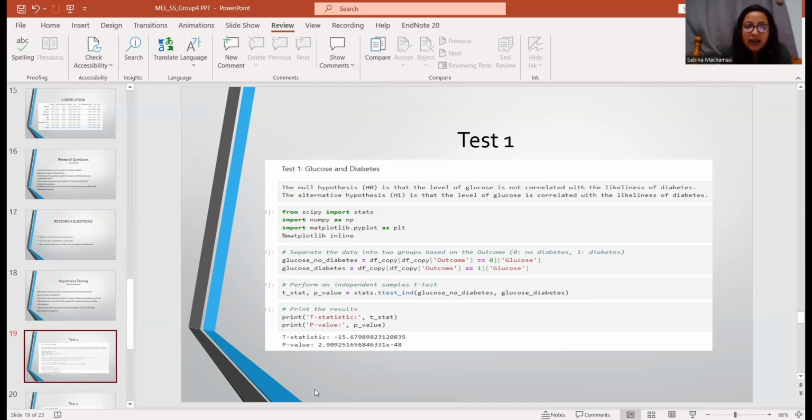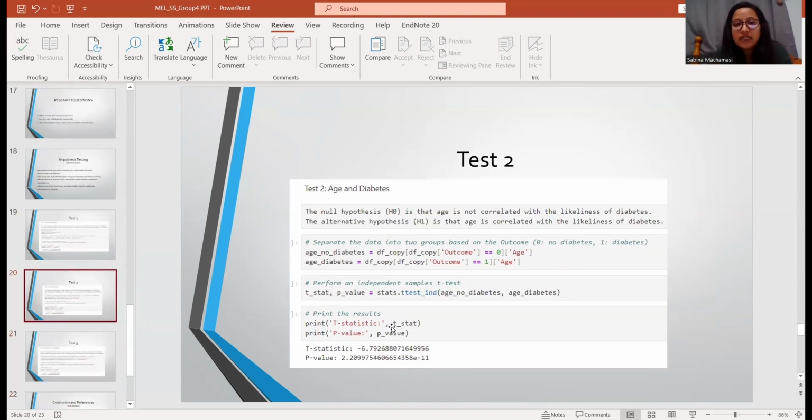If the p-value is less than 0.05, then only we can accept the alternate hypothesis. But the p-value here is 2.9, which is more than 0.05. Thus, it accepts the null hypothesis and shows that the level of glucose doesn't affect diabetes.